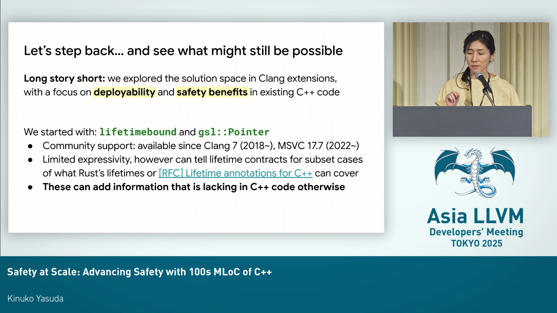The annotations can express a limited lifetime contract that is a strict subset of what lifetimes in Rust can tell. That is not a perfect solution at all, but we found that it can still make a non-trivial difference because such information has never been available in C++ otherwise.